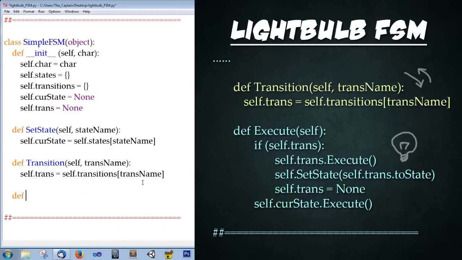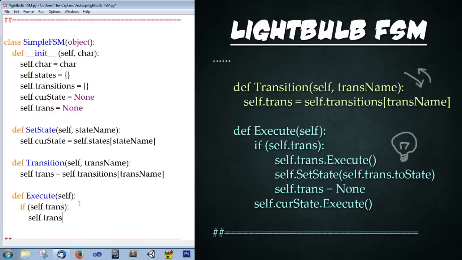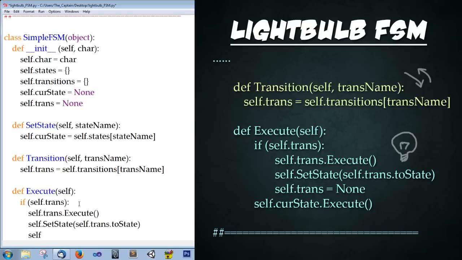We're going to type def execute, open parentheses, self, close parentheses, colon, enter, if self.trans, colon, self.trans.execute, open close parentheses, enter, self.setState, open parentheses, self.trans.toState, close parentheses, enter, self.trans is equal to None.